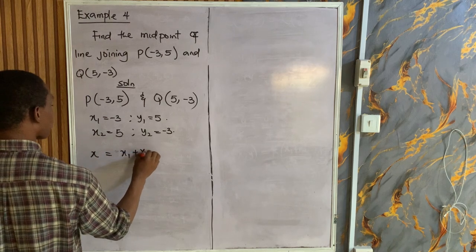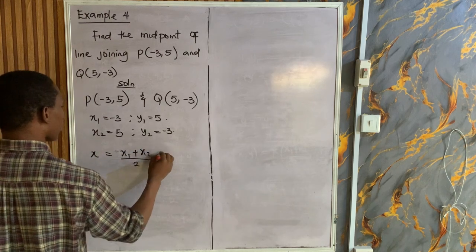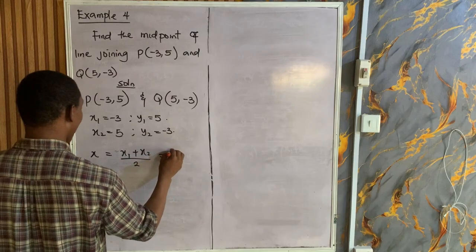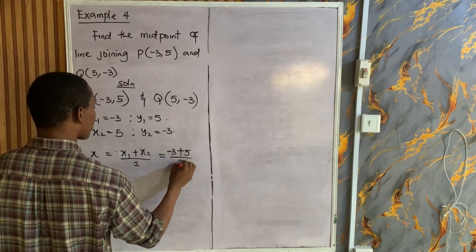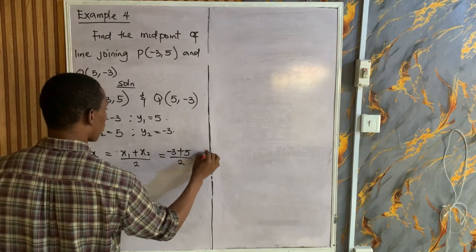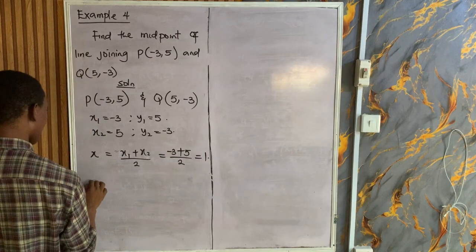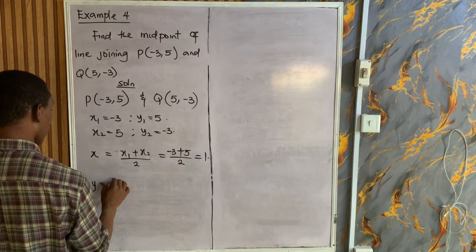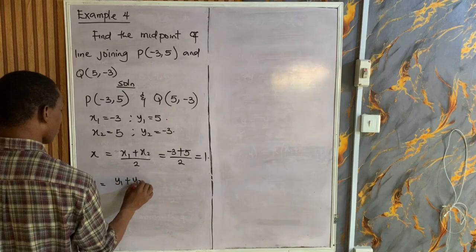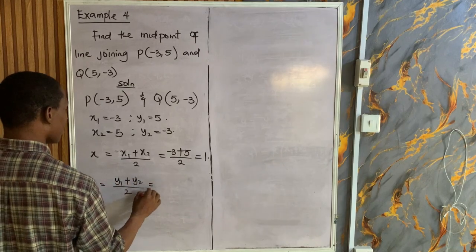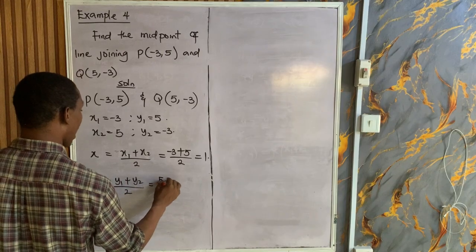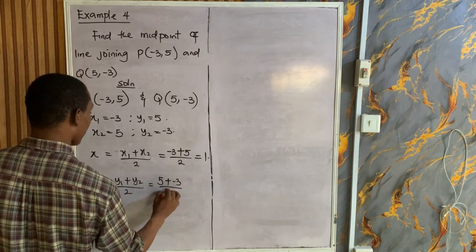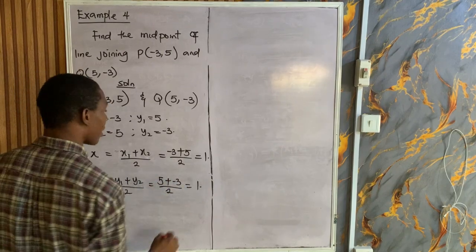And so we're going to say, to get our x, it is given as x1 plus x2 over 2, and that's simply minus 3 plus 5 over 2. This will simply give us 1. And then our y will give us y1 plus y2 over 2 as well, and that will give us 5 added to minus 3 over 2, and that will still give us 1.